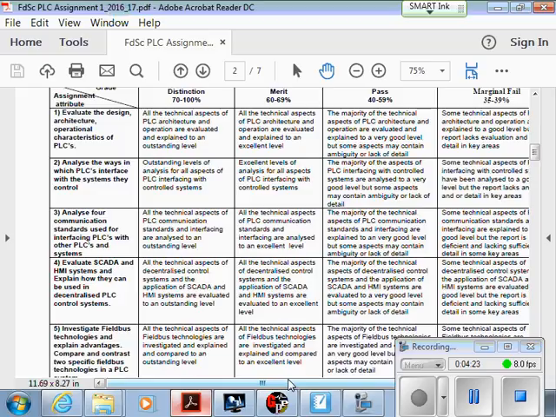Pass: the majority of the aspects of PLC interfacing with control systems are analysed to a very good level, but some aspects may contain ambiguity or lack of detail. Marginal fail: some aspects are analysed to a good level, but the report lacks analysis and/or detail in key areas. So there's some real key information missing for you to get a mark on that aspect.